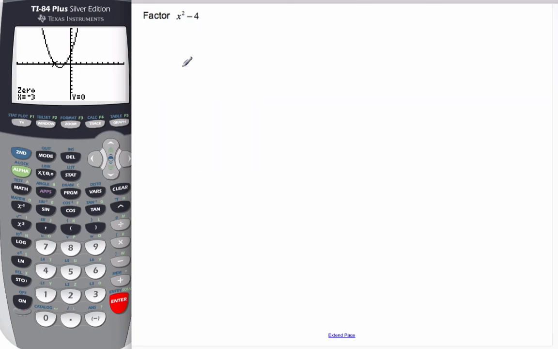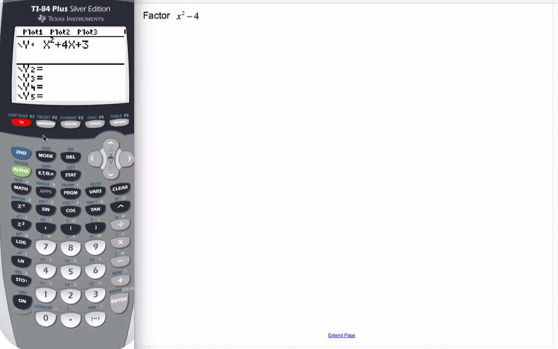Try another example here. Try it yourself with the calculator. Try to factor x squared minus 4. If I remember the steps, I'm going to type x squared minus 4 and graph.